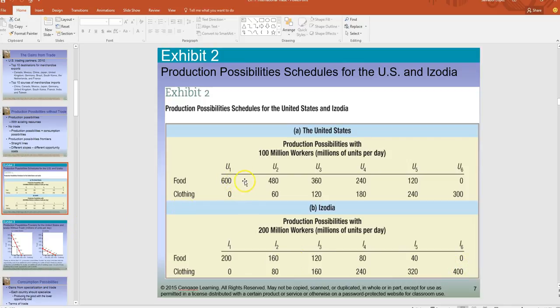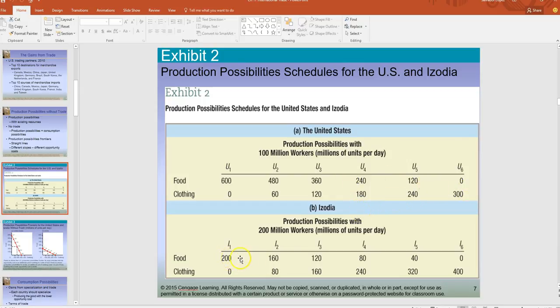And the difference between this point and this point, U1 and U2, notice in terms of food, it goes down by 120, while clothing increases by 60. And that repeats and repeats in every point, so it is a straight line.